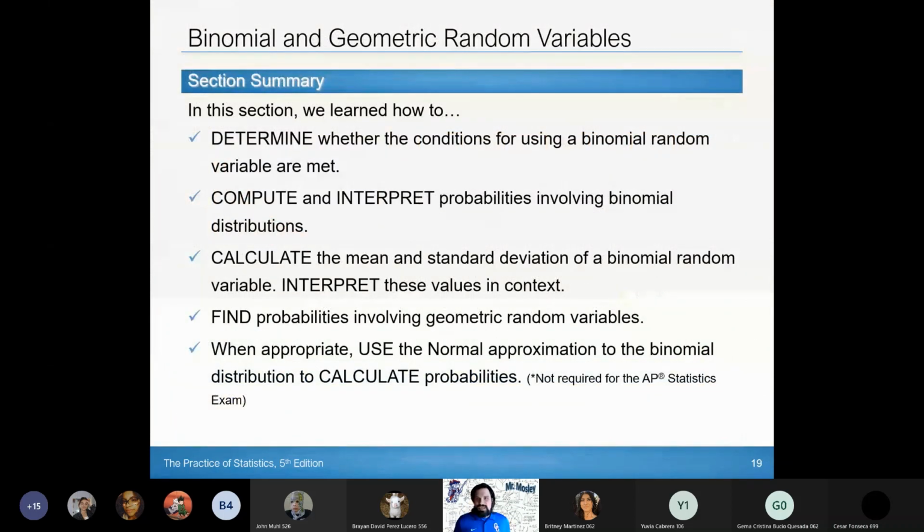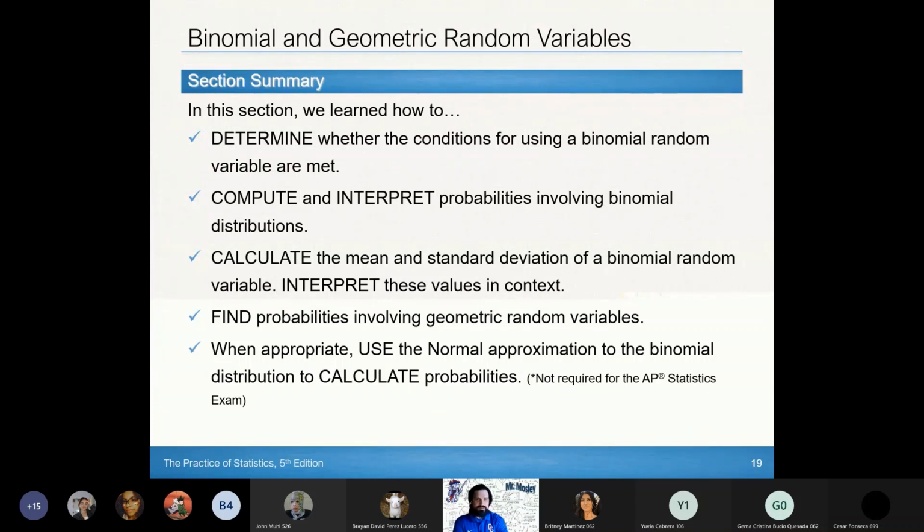That brings us to the end of the notes, right? The binomial and geometric random variables. So we've covered all of these things. We determined whether the conditions for using a binomial random variable are met. We looked at how to compute and interpret probabilities involving binomial distributions. We can calculate the mean and standard deviation of a binomial random variable, and hopefully we can interpret these values in context.